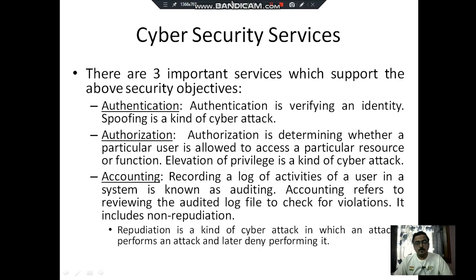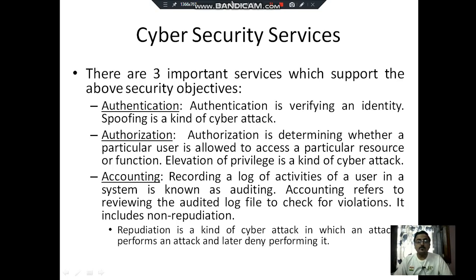When we are okay with their identity, then all the process of giving services can go ahead.